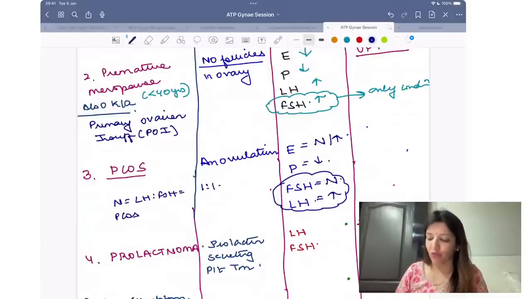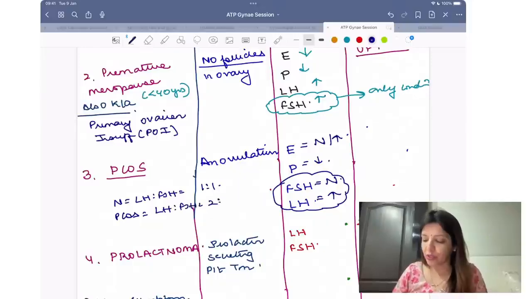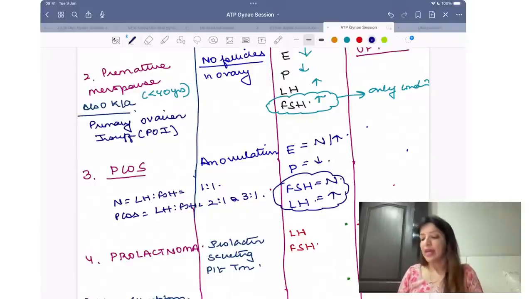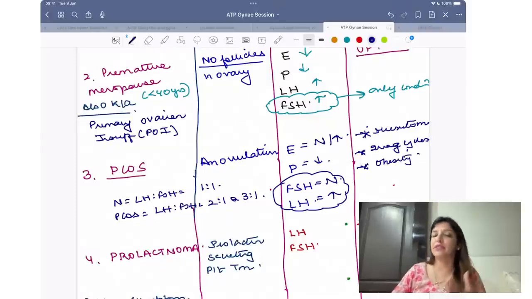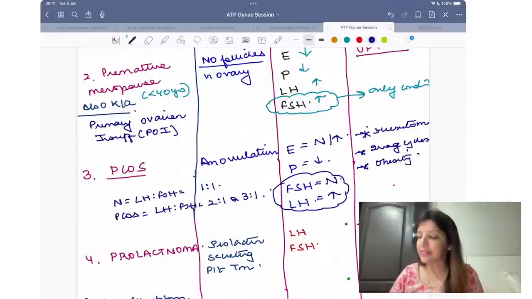In a patient of PCOS, LH to FSH becomes 2:1 or 3:1, right? PCOS के patient में they are also going to say that there was hirsutism, or they may talk about irregular cycles, they may talk about obesity. All these things can be present in your question, right?